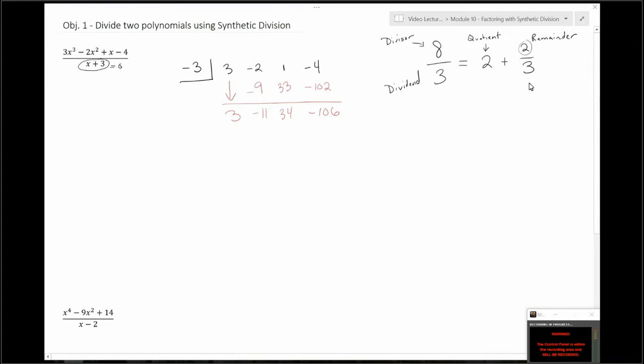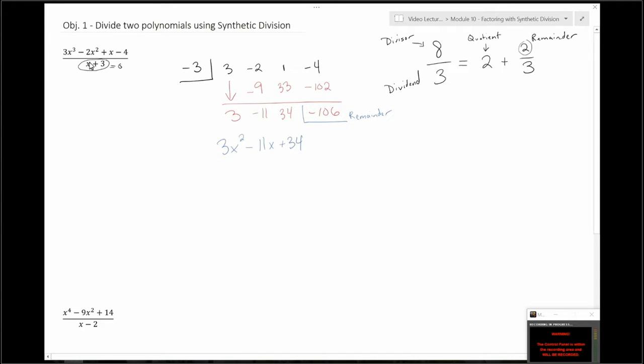So just like our normal division, the last thing that we get is going to be our remainder. This is what was left, and we weren't able to divide it out evenly. This piece is going to be our quotient, just like before. And it's going to be associated to coefficients of the polynomial. So we're just making this new polynomial based on these numbers.